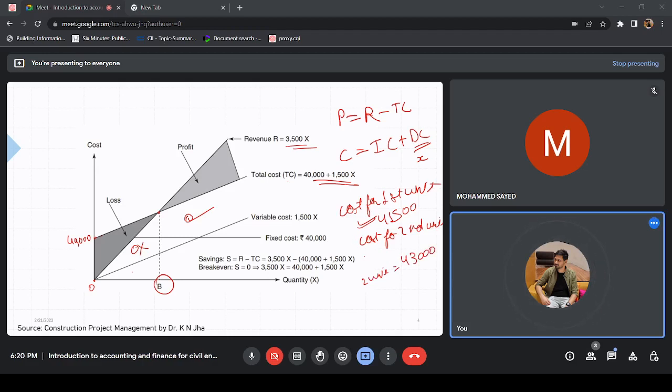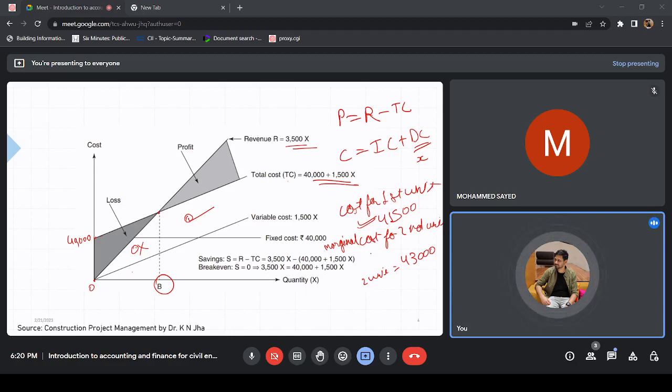So this becomes the marginal cost. Marginal cost for the second unit is the total cost for that unit minus the total cost of production till the previous unit. In a similar vein, you can get the questions there.